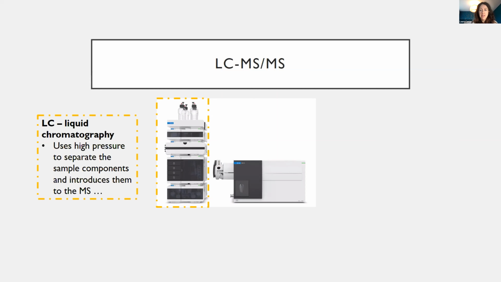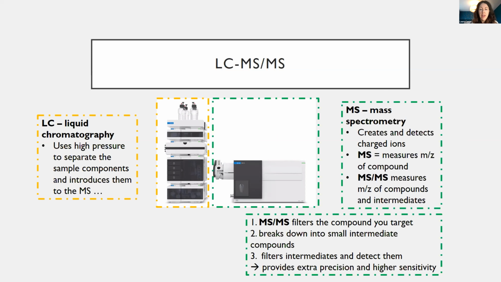So your sample gets injected into the LC, which uses really high pressure, and it separates the sample components and then introduces these into the mass spectrometer. And the mass spectrometer, or MS, is the part of the analysis that creates and detects ions and allows you to work out what is actually in your sample.